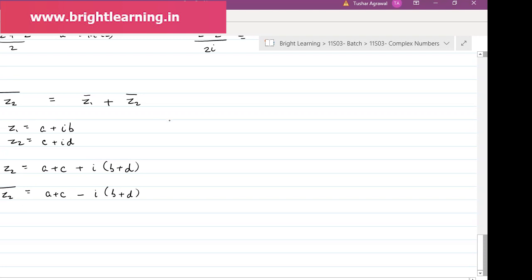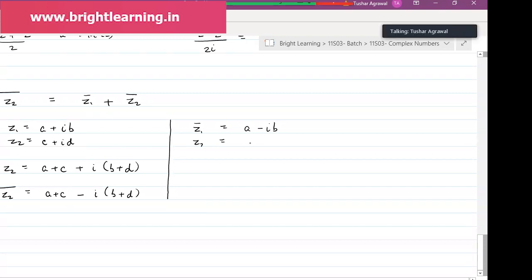So what is my RHS? Z1 bar and Z2 bar. Z1 bar is actually A minus IB. What will be my Z2 bar? If Z2 is equal to C plus ID, Z2 bar will be C minus ID.